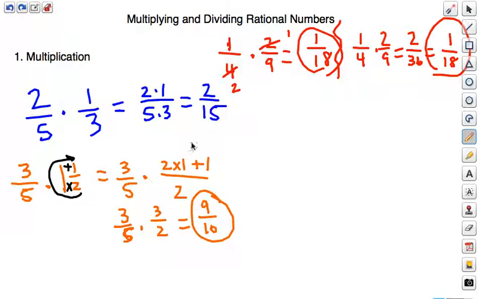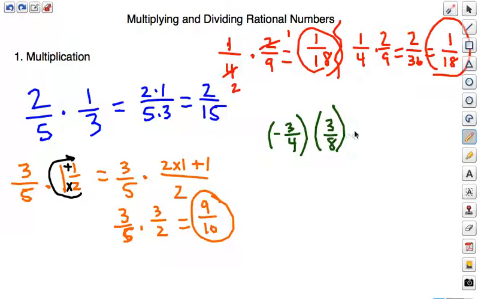All right, let's look at one where we have a positive and a negative. Typically you're going to see these surrounded in parentheses, not always, but let's say we have negative 3/4 times 3/8. What we're doing here is multiplying the numerators and denominators just like we were doing before, but we have that negative symbol in front of that 3/4.